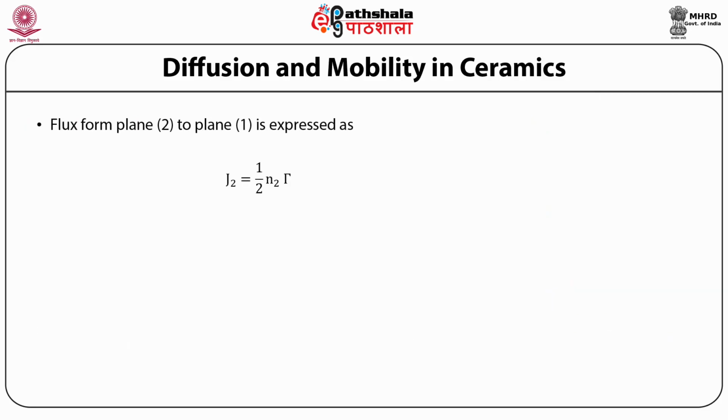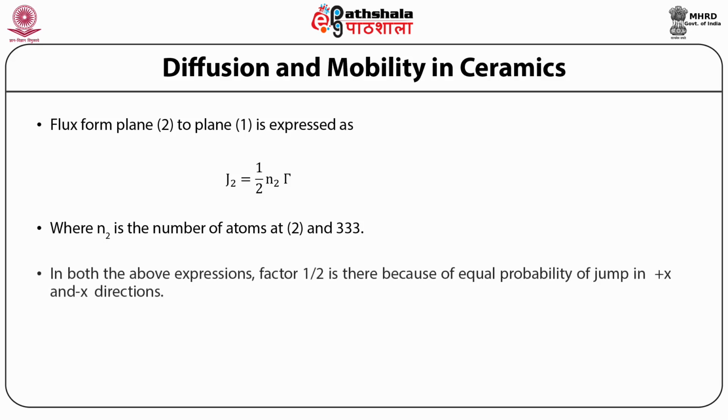Similarly, the flux from plane 2 to plane 1 is expressed as J2 is equal to 1 by 2 N2 into lambda, where N2 is the number of atoms at plane 2. In both the above expressions, the factor 1 by 2 is there because of equal probability of jump in the x plus and x minus directions.